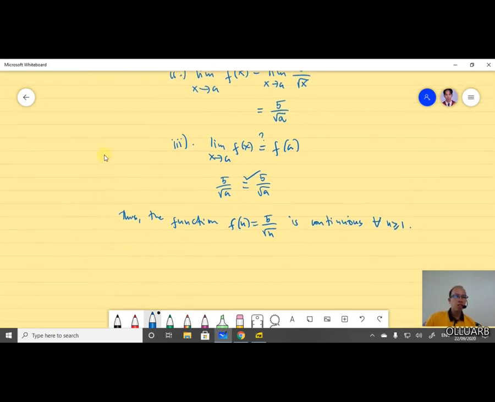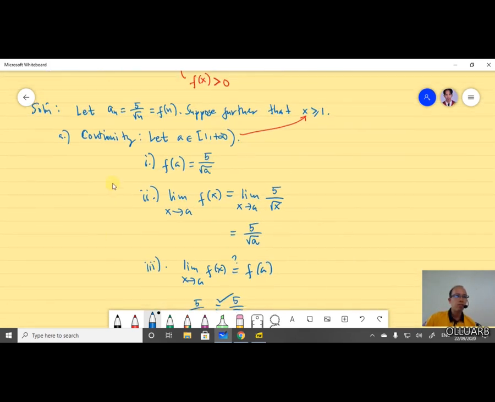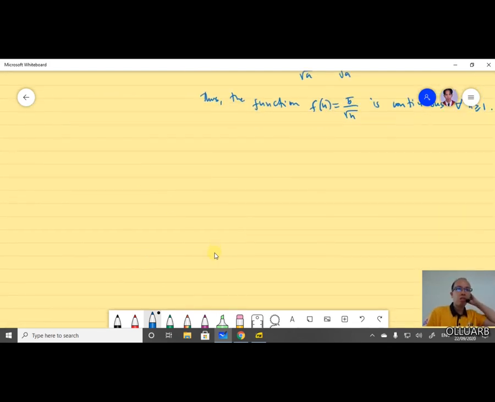The second condition is letter B, positive valued.